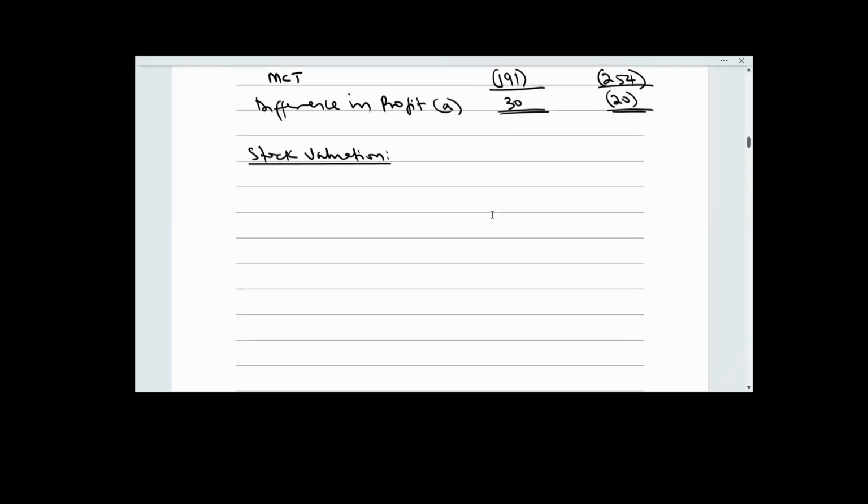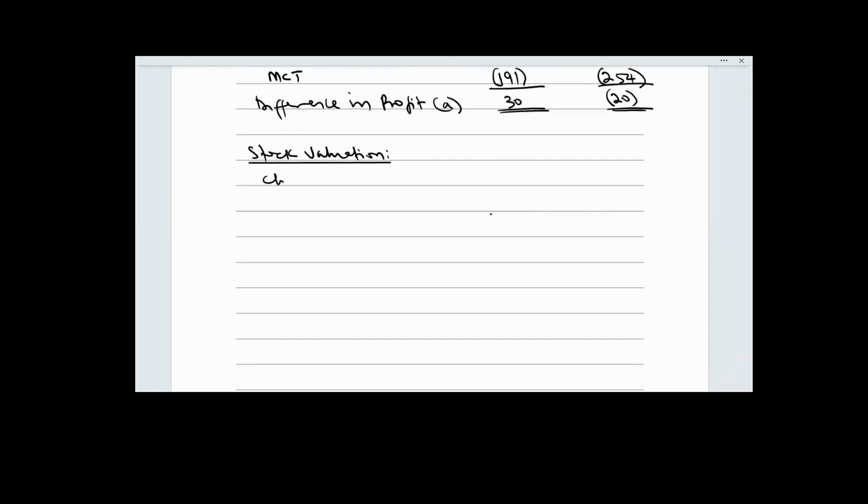Under the stock valuation, you start from closing stock. You need to determine the difference in closing stock, under ACT, then MCT.